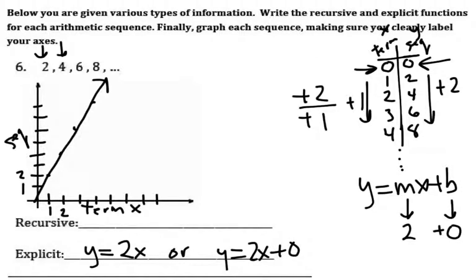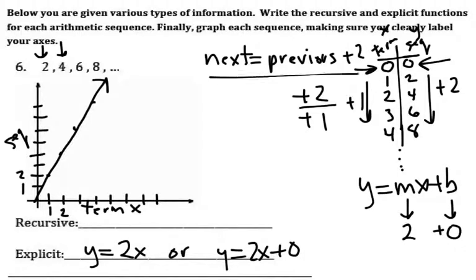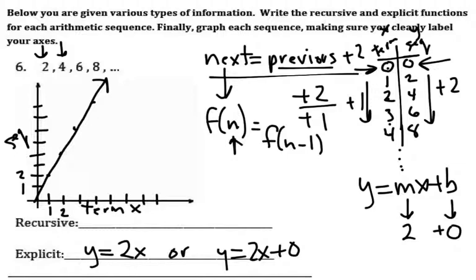Now the recursive, remember, the recursive is something like the next term equals the previous term, and then whatever we did to it. We added 2 here. But I don't want you writing it like that. I want you to get into the habit of writing the next term as f of n, equals the previous term, which we'll call f of n minus 1, because say n was 3, what would be the previous term?